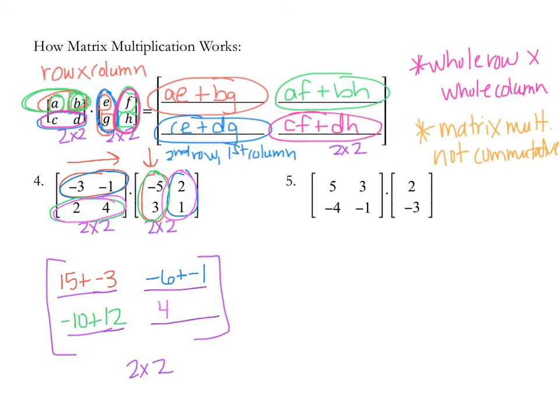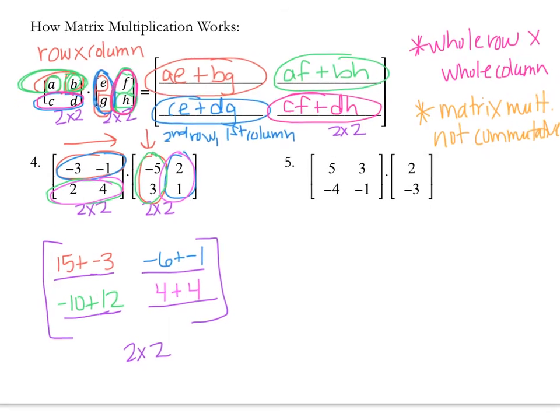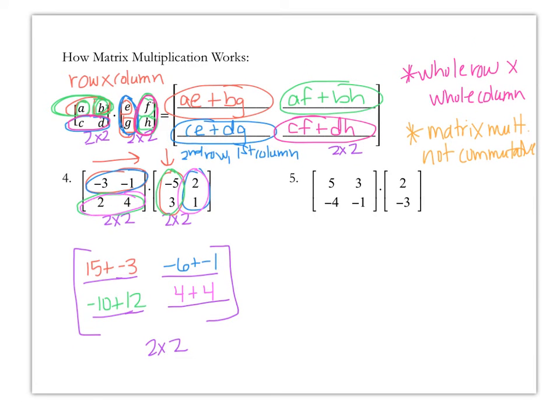And then we're moving on to the 4 and 1, make 4 as well. And then all you've got to do to get your answer is simplify this down. So if I simplify that, I'm going to get 12, -7, +2, and 8. And that is my answer. Okay?